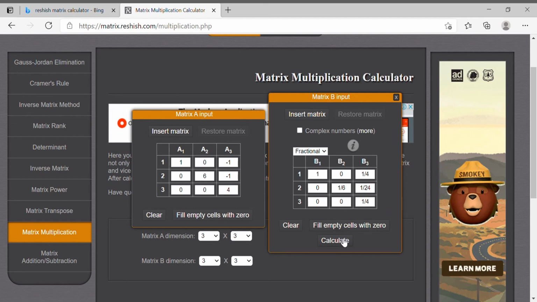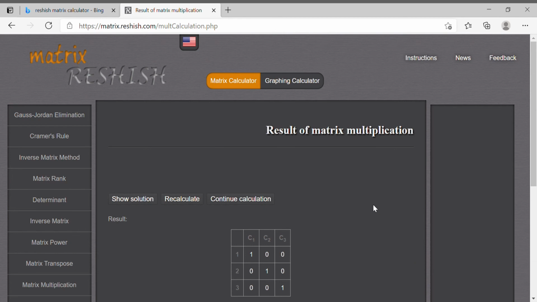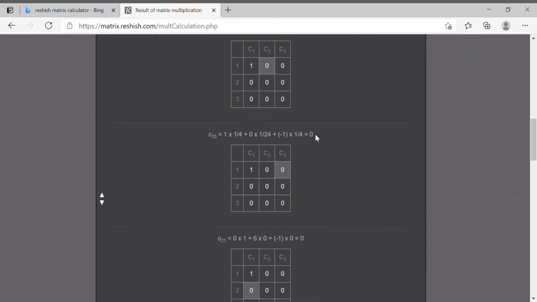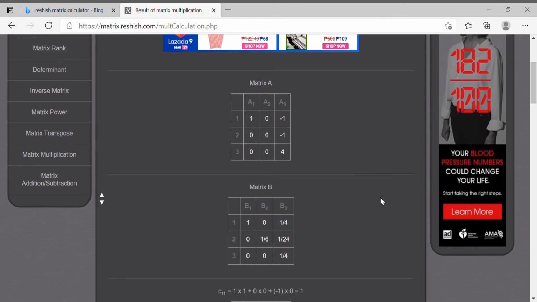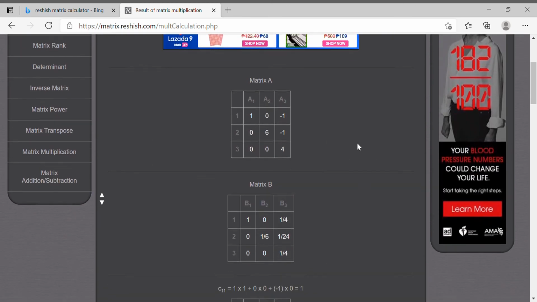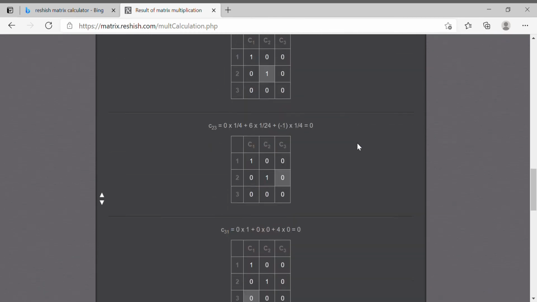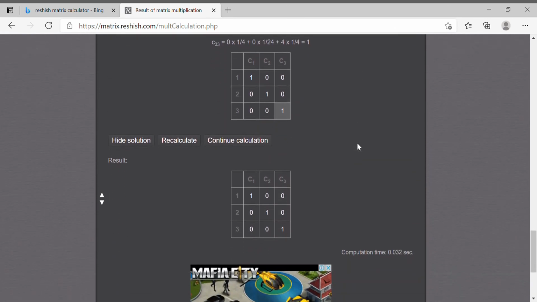And then we calculate. These are our two given matrices, matrix A and B. And the solution. And the answer is the identity matrix.